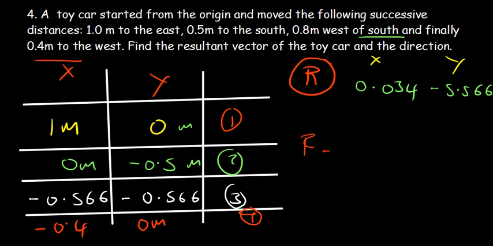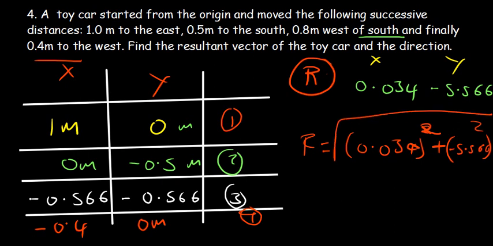So square your x and square your y, then the root of that. So 0.034 squared plus negative 5.566 squared, root of that.